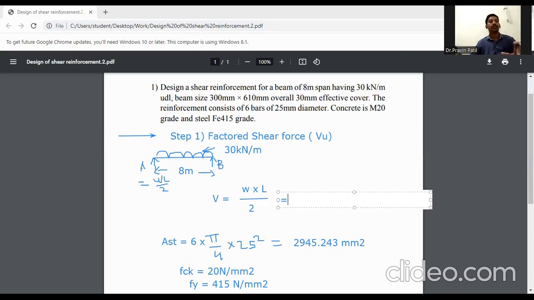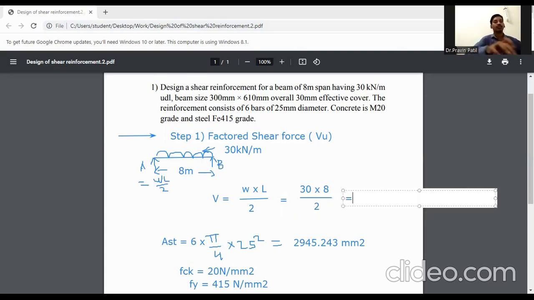So W it is UDL loading, it is given 30 kilonewton per meter, 30 into 8 meter divided by 2. Okay. So we get maximum shear force 30 into 8 divided by 2, it will be 120 kilonewton.